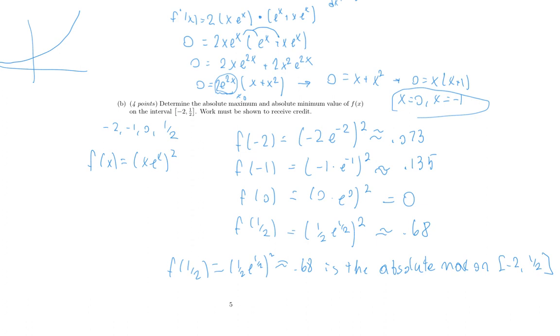So we want to specify. And our lowest value, well, that was the 0. So f of 0 equaling 0 was the absolute minimum on -2 to 1/2.